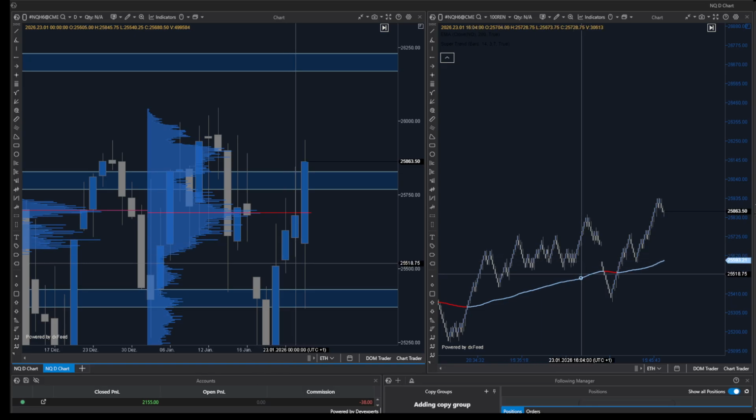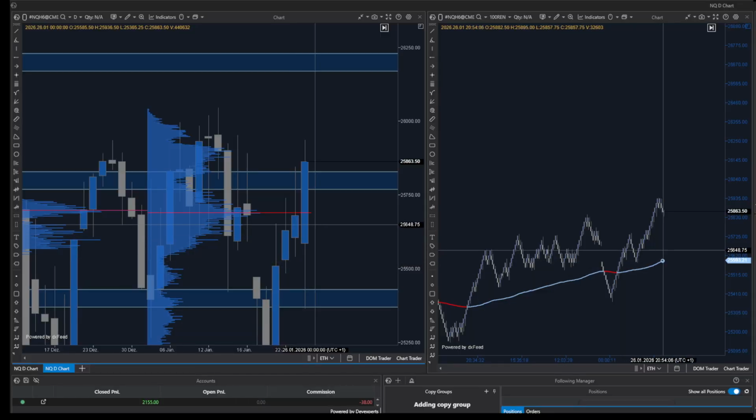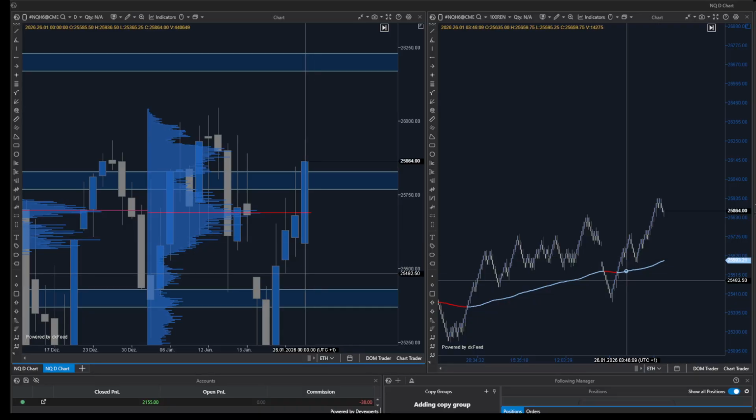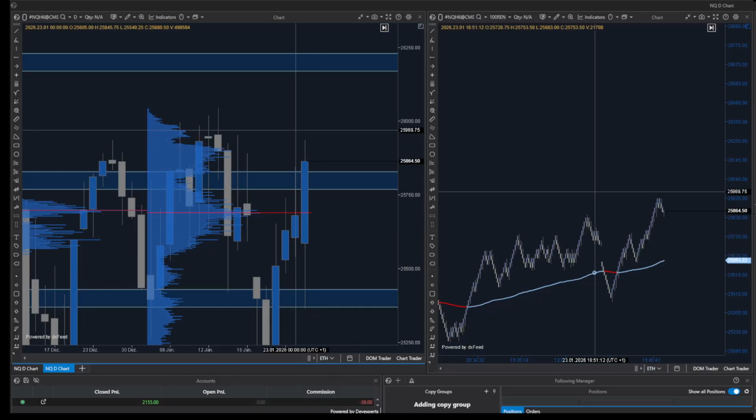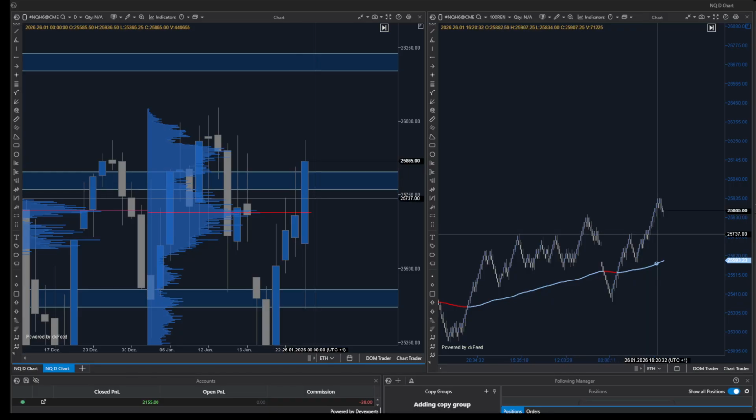And for me, it's a very big help, because when I trade and don't see anything, you miss the structure for some reason. This looks like a mess, but if you put this in, you have a structure. You have analysis you can use.